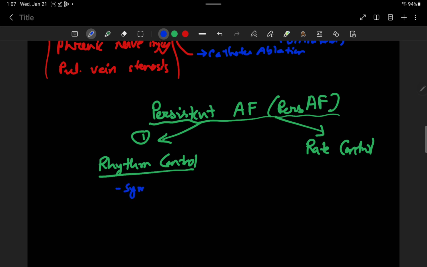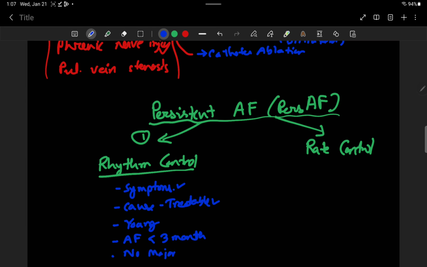If there are symptoms that are significant, if there is a cause that is treatable, you are treating, and also you are controlling the rhythm in the persistent one, and the patient is young, and if the duration is less than 3 months, the patient has given you a history of less than 3 months, and no major structural heart disease.